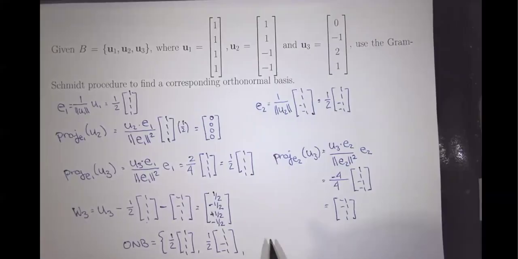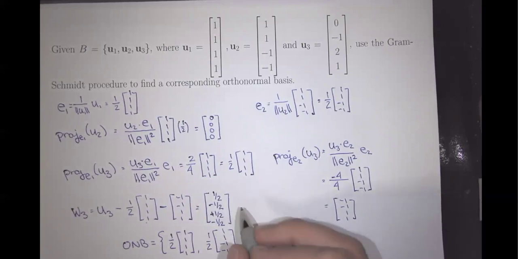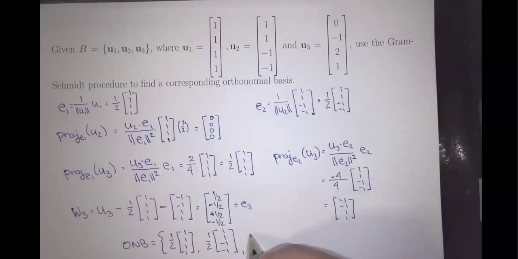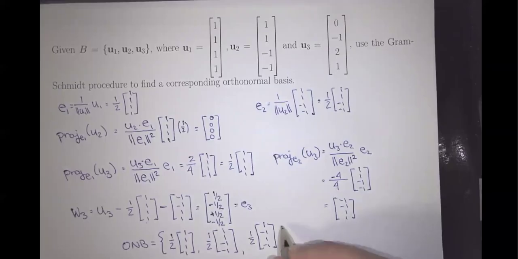And our final vector, which coincidentally actually came out as a unit vector, so we can call this W3, we can call it E3 if we like. It's 1/2 times 1, negative 1, 1, negative 1. And so that's the orthonormal basis that we get from the Gram-Schmidt process for this example.